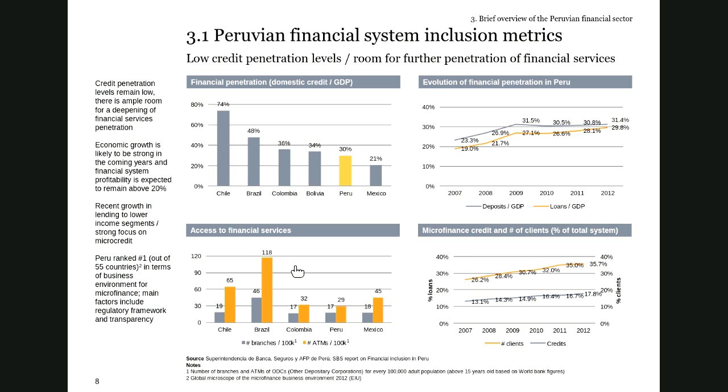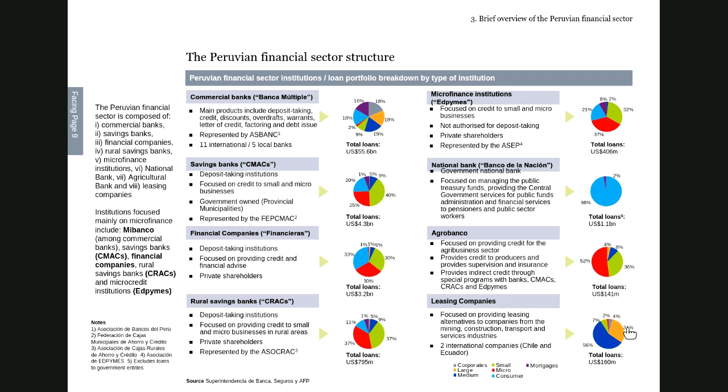Access to financial services compared to other countries in the region in terms of branches and ATMs, or cajeros, and the penetration of microcredit or microfinance and number of clients as a percentage of the total system, okay? So some introduction to the Peruvian financial sector.